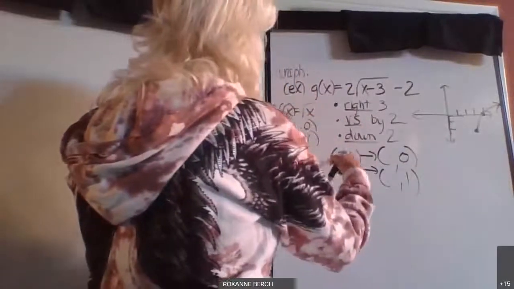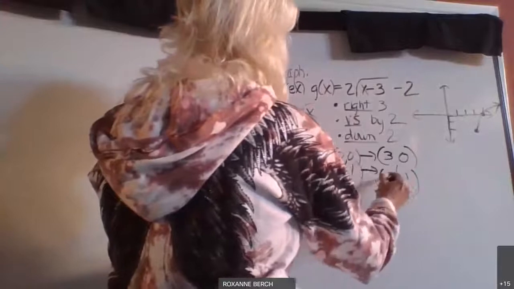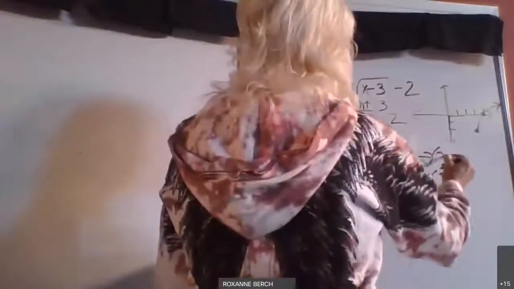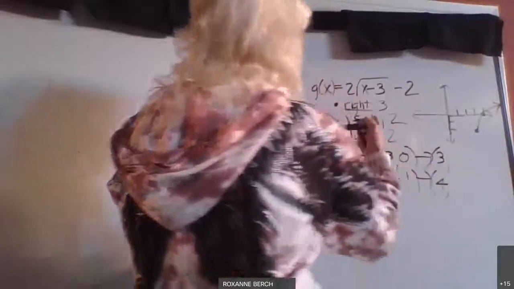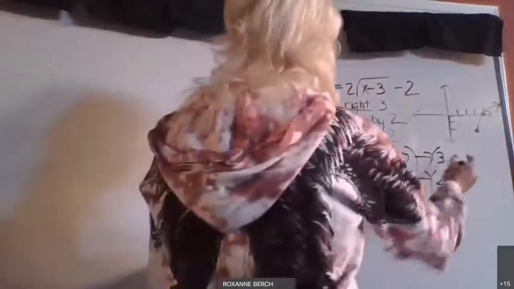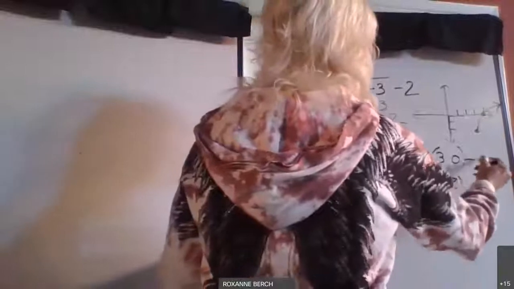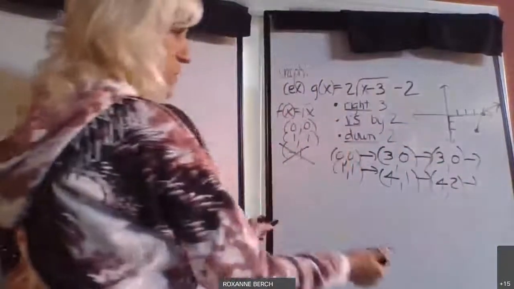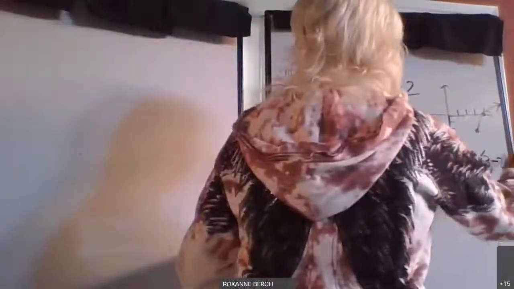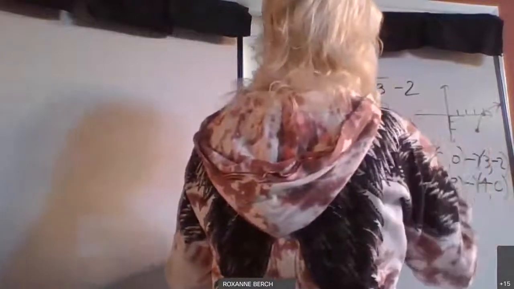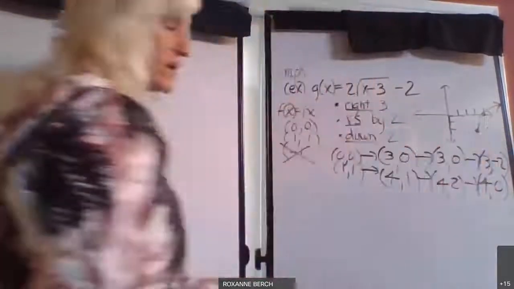So right 3 would be 3, right 3 would be 4. Vertical stretch means the x stays the same. So that'd be 3, 4, vertical stretch multiply by 2, multiply by 2. Down means the y, so the x stays the same. So down 2 would be a negative 2, and down 2 for this one would be 0. So right 3 down 2, 4, 0, that's correct.